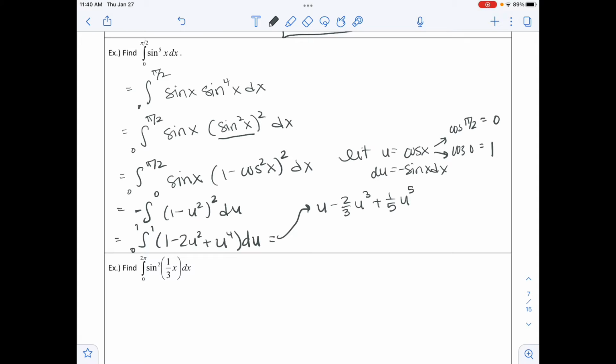And we need to evaluate this from u equals 0 to 1. So we're going to substitute in 1 first. So we have 1 minus 2/3 plus 1/5. And then when we substitute in 0, we do just get 0. From here you can combine these, get a common denominator, and simplify, and you get 8 over 15.